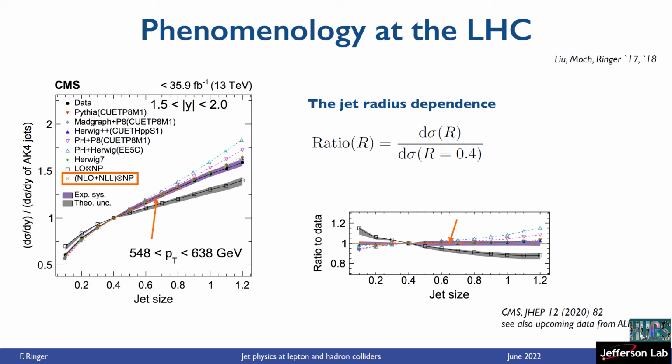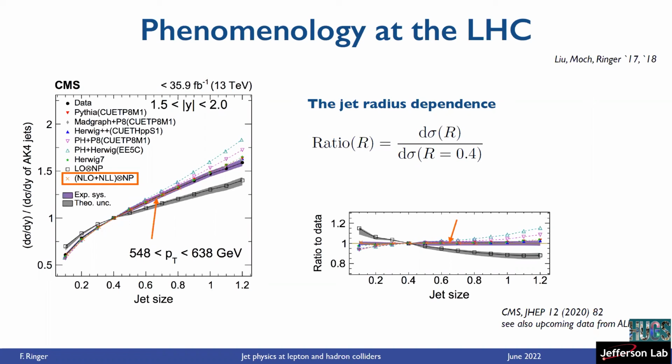If you just do a purely fixed order calculation and you take a look at the ratio to the data, then you see that you're quite a bit off, right? You don't correctly predict the dependence on the jet radius, right? But now, if you use what I just talked about with these jet functions, where we're summing the logs in R, then that's a little difficult to see, but the calculation is shown here in orange, right? It matches perfectly. That's the main point.